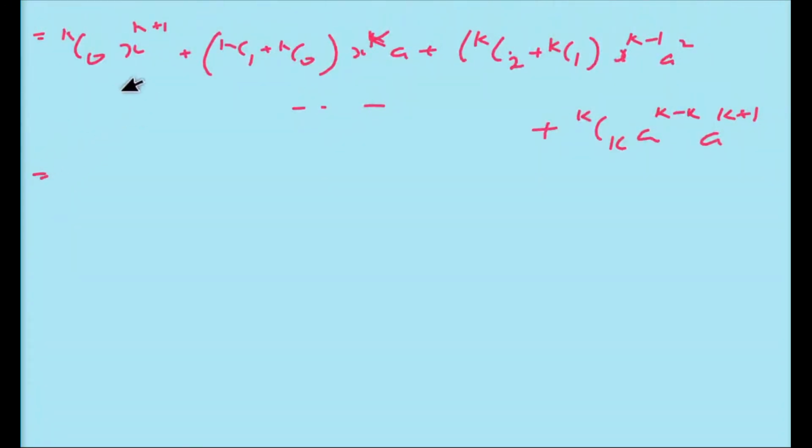Now you can see kC0 is 1, and this can be changed to (k plus 1)C0, which is also 1.